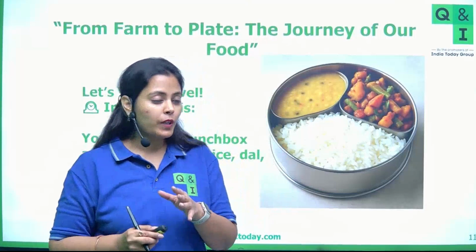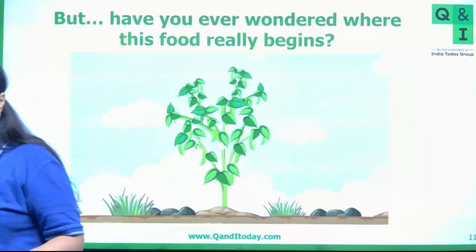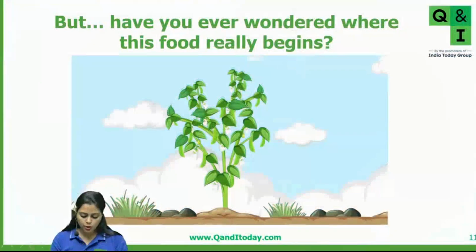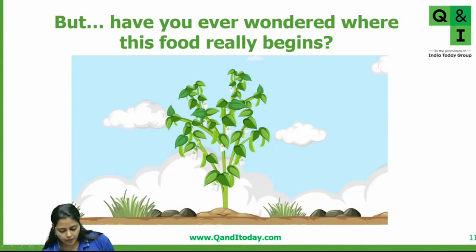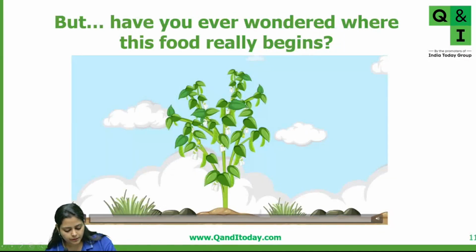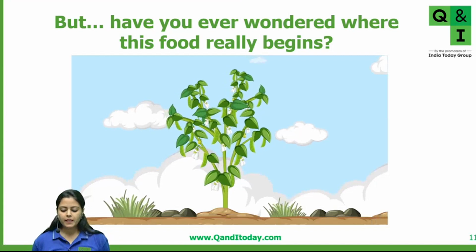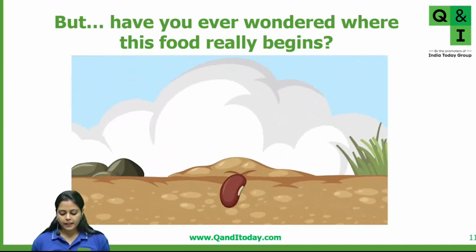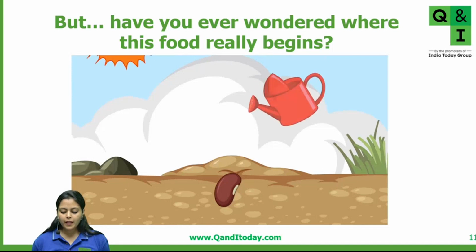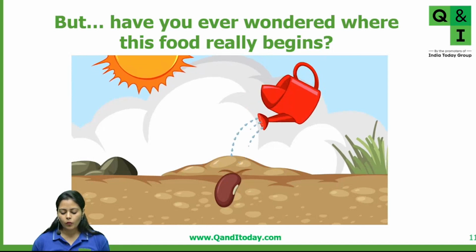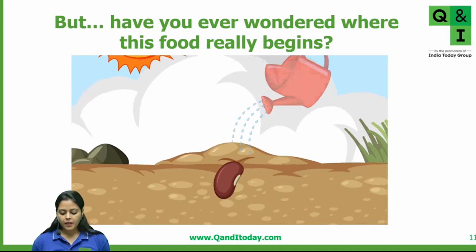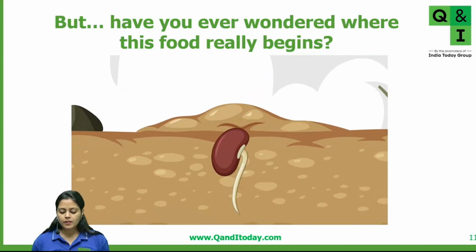So now, students, I am going to show you one animation. Everyone's eyes on the board. See, this is the plant which is growing. To grow this plant, someone must have planted a seed in the soil and watered it. Now, upon getting proper conditions, this seed is getting germinated. It has developed roots.